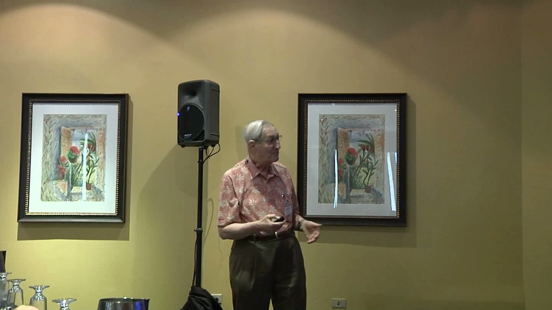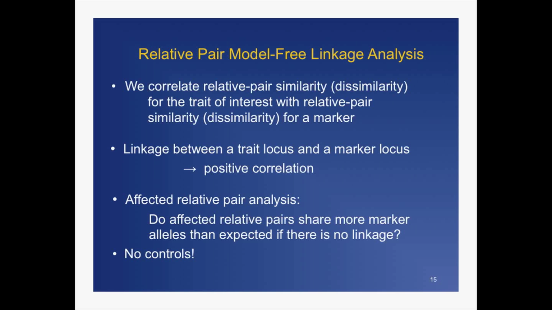That's all there is to it. And if there is linkage between some trait locus and the marker locus, you get a positive correlation. Very simple in concept. Of course, the way we do the analysis might be much more difficult.